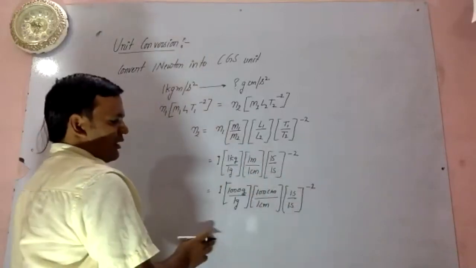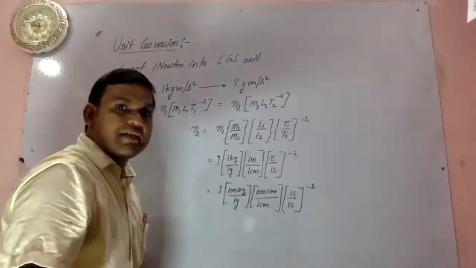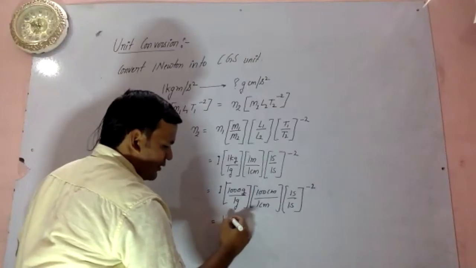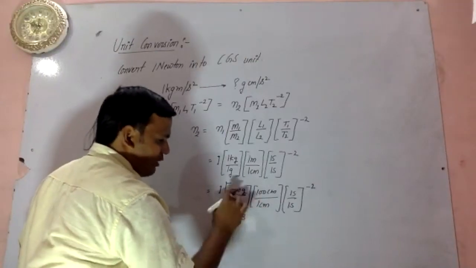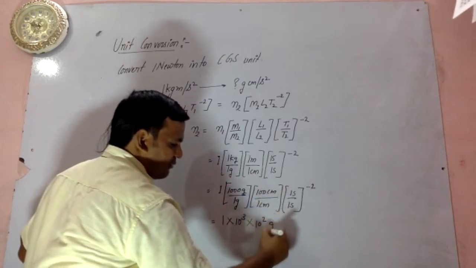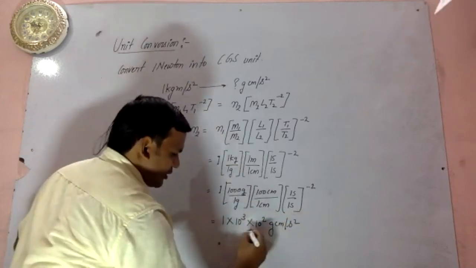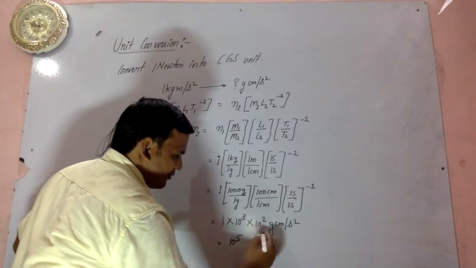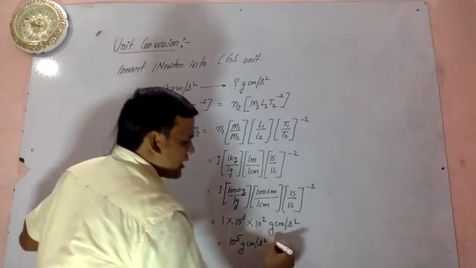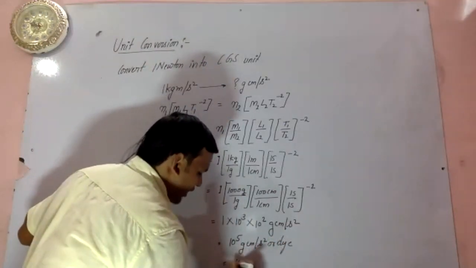Now you can see from here, both numerator and denominator contain the same unit. Then this unit can be taken out, and it will be 1 into 10 to the power 3. This 1000 can be written as 10 power 3, and this is 10 to the power 2, and this will be gram centimeter per second square. So this will become 10 to the power 5 gram centimeter per second square, and this is known as dyne. 10 to power 5 dyne.